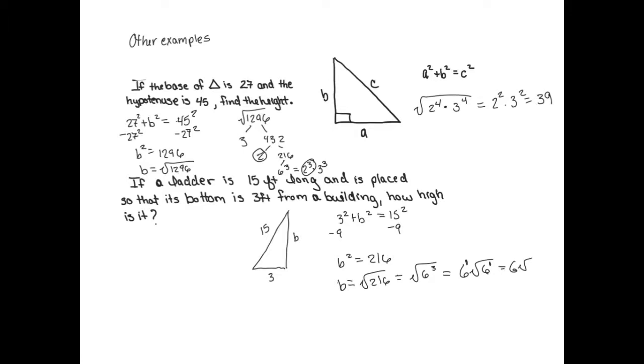So 6 square roots of 6, and then if we want to find an approximation of that, we can do 6 times the square root of 6, which is 2.45, and that gives us 14.7. So we would say it's 14.7 feet high.